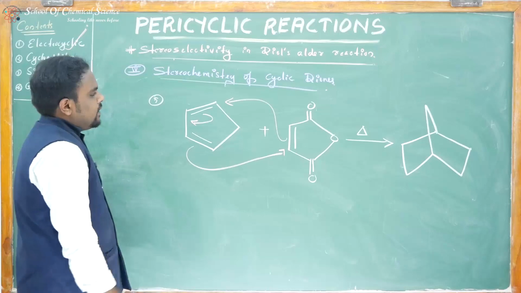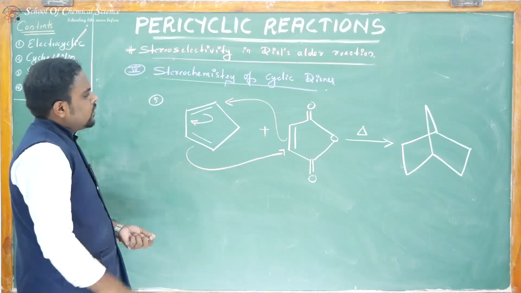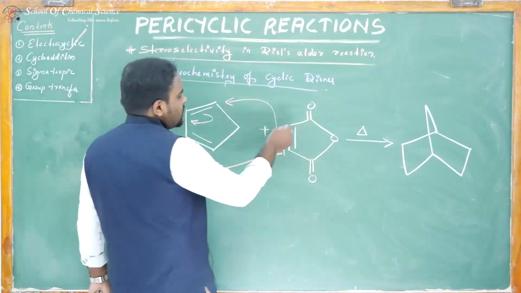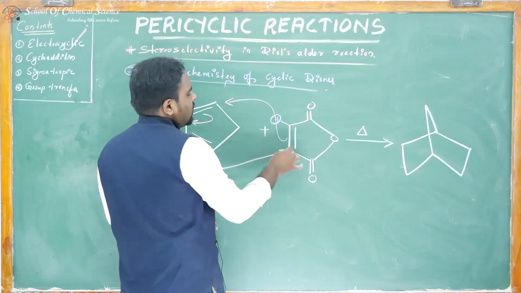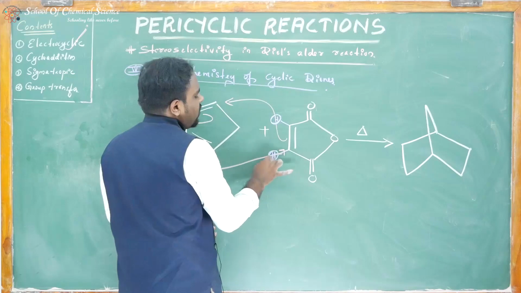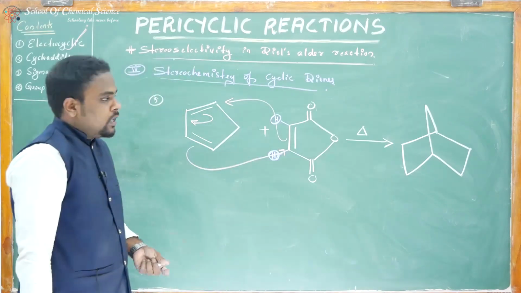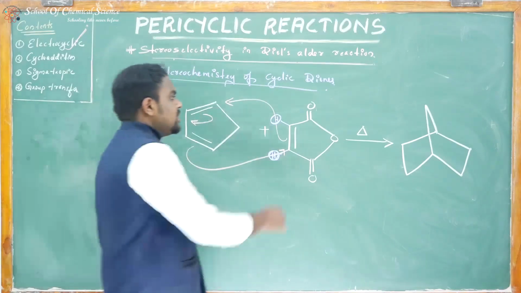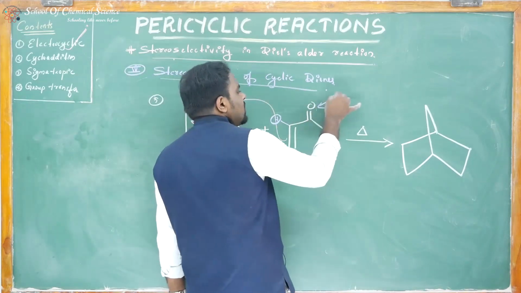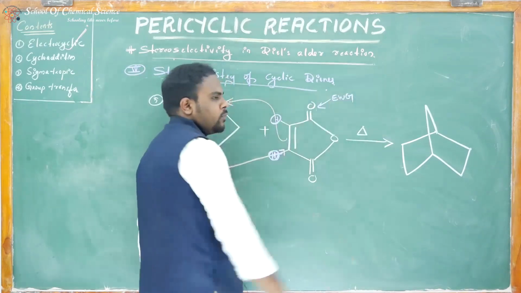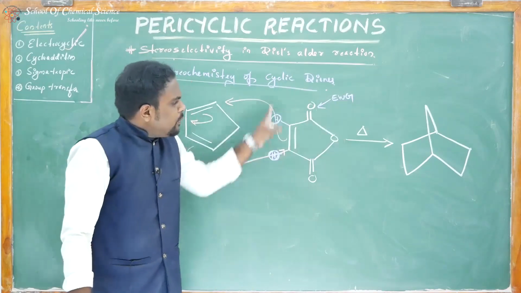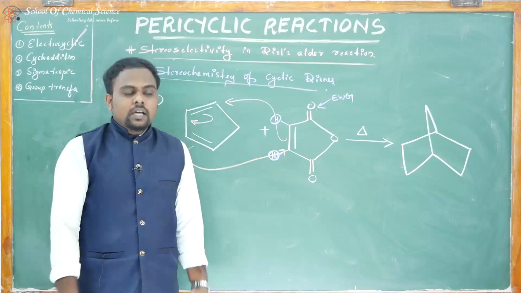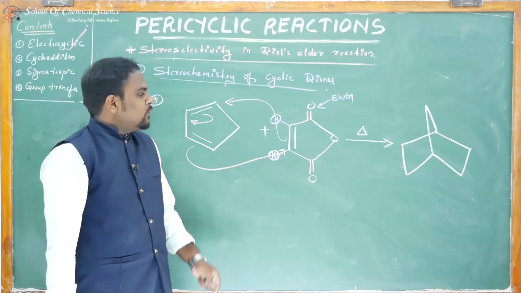Here hydrogen is present at this carbon, but hydrogen is not an electron withdrawing group. This C double bond O is an electron withdrawing group. Electron withdrawing group will be in endo position.